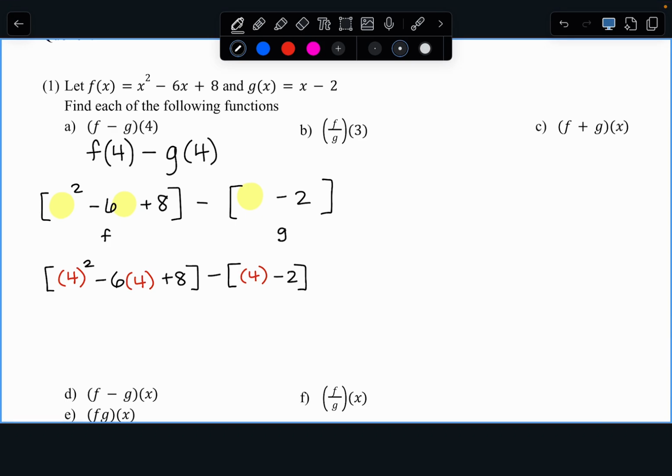So f of 4 is 4 squared minus 6 times 4 plus 8. Four squared is 16. 16 minus 24 is negative 8. Negative 8 plus 8 is 0. And then we're subtracting 4 minus 2, which is 2. Hey, look, our answer is negative 2.